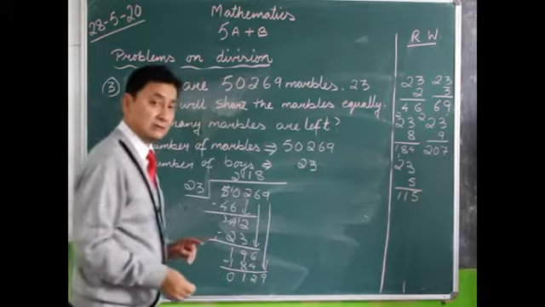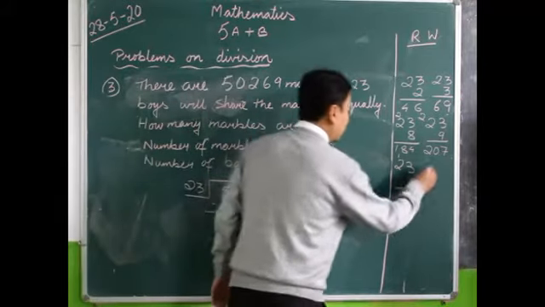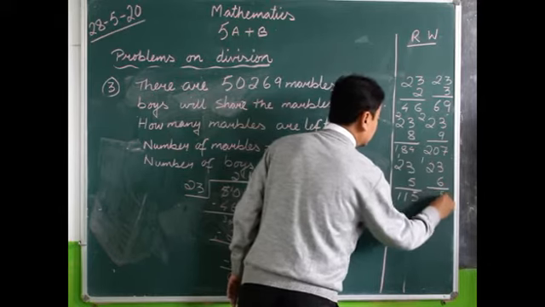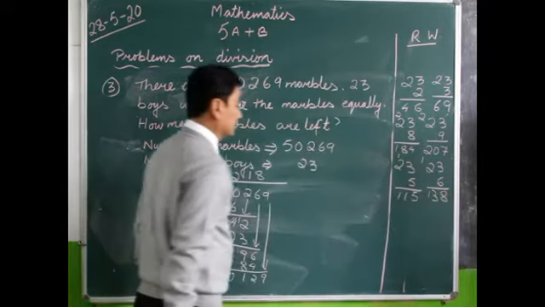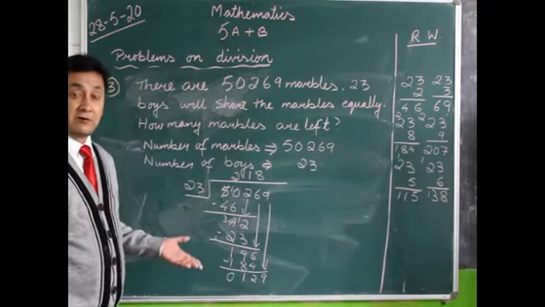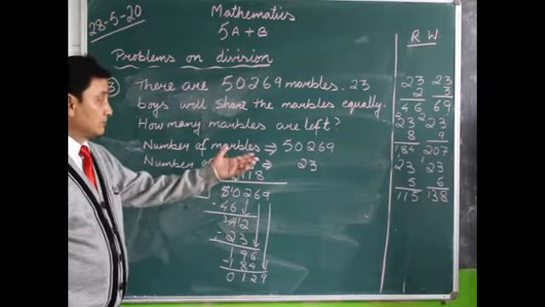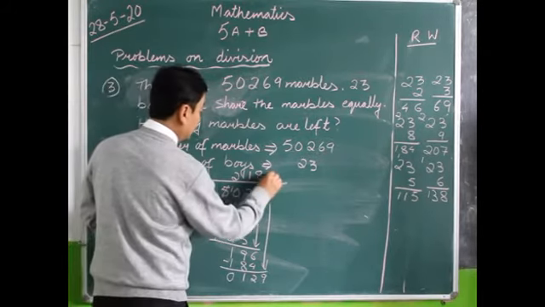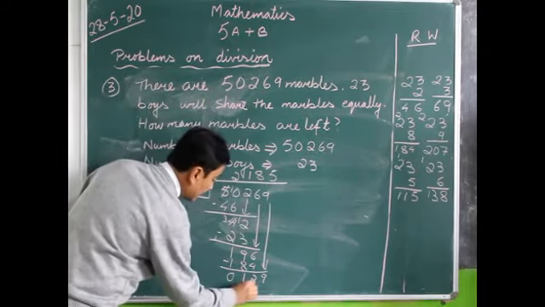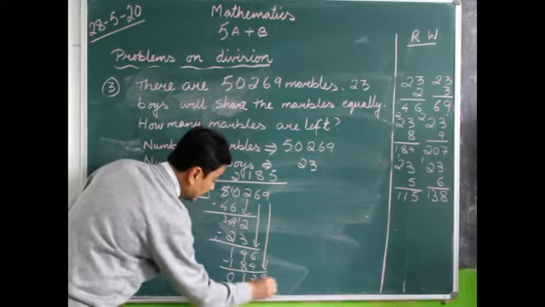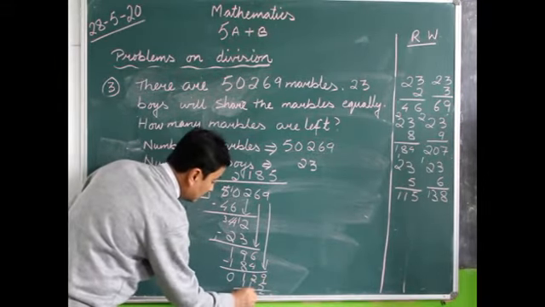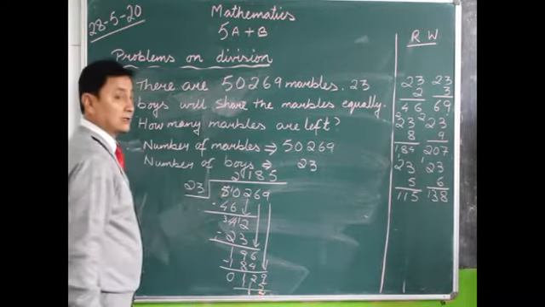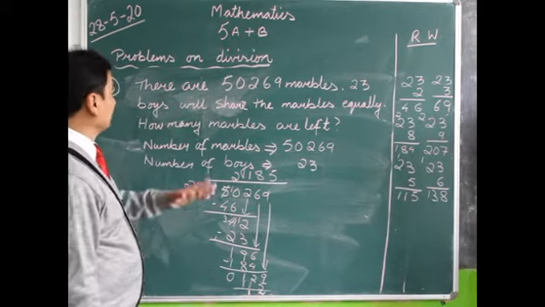We found our answer, but let's make sure that it is the right one. 23 6s are 18, 12, 13. So we see we found the answer by multiplying it once also. So 23 5s are 115. 9 minus 5, 4. 2 minus 1, 1.